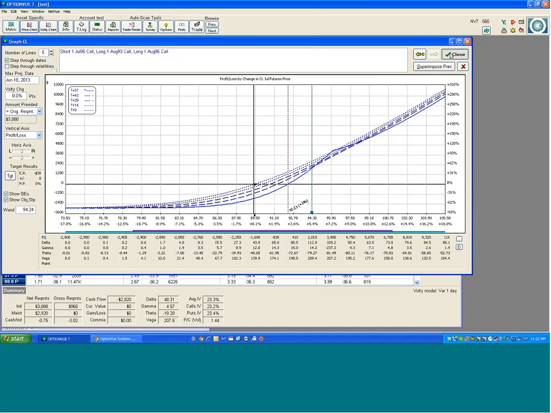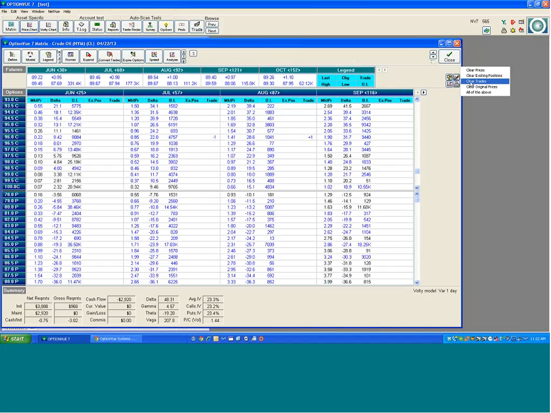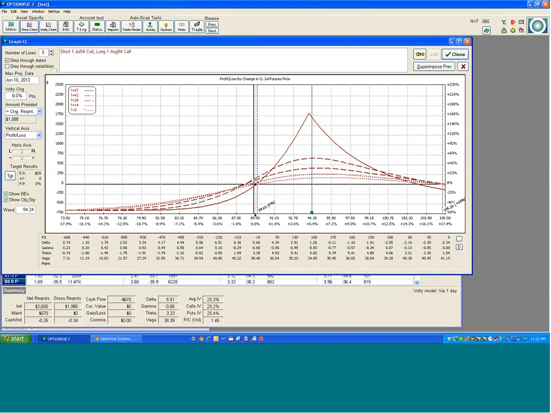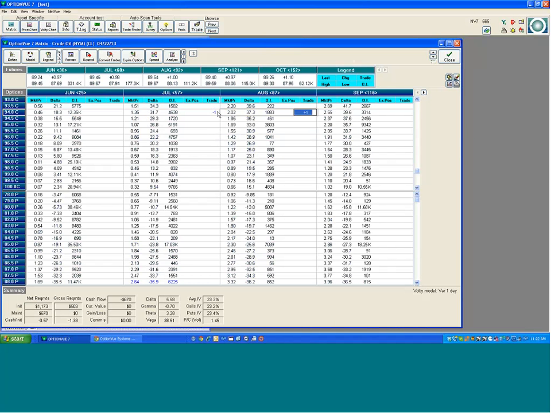I've got an extra option in there. Let me close that out and start over again. If we look at a bullishly oriented calendar spread at the 94 level, it looks like this. And I've chosen the 94 calls. You'll notice the open interest is quite large on both strikes in July and August.